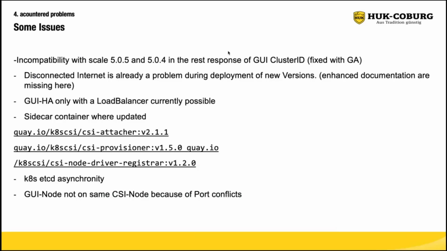One problem that we have is with a disconnected internet implementation: you must push the images, and in the YAML definition of the operator you must already have the right images and the right sidecar containers, which you see in the middle of this slide, established in the definition. Then you can go forward and apply these YAML definitions during the installation.